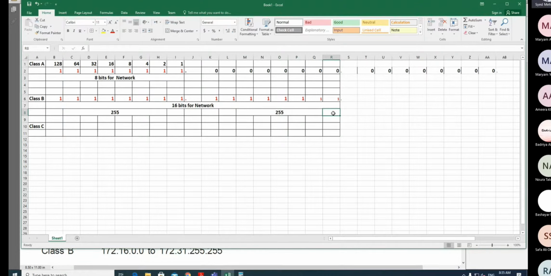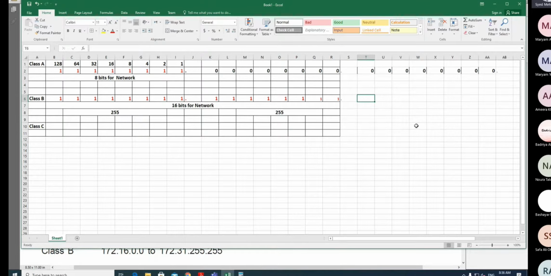If you do the binary to decimal conversion, what is the decimal equivalent of this binary? 255, understood? So this is 255, this is 255. Now this is 0 because the rest of the bits are 0.